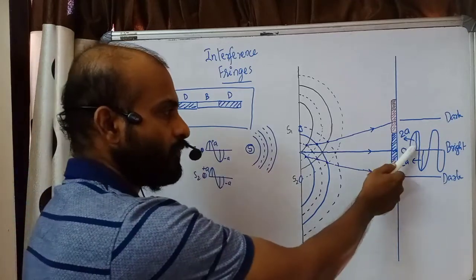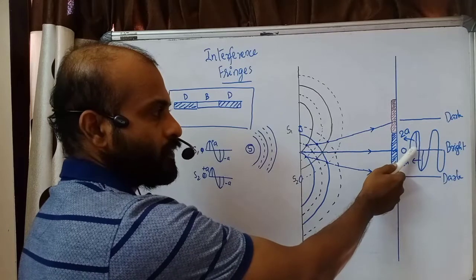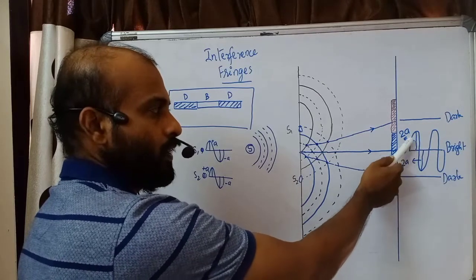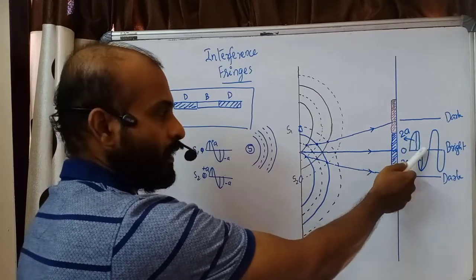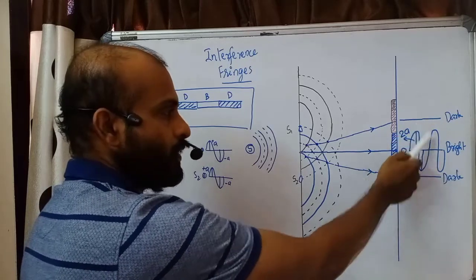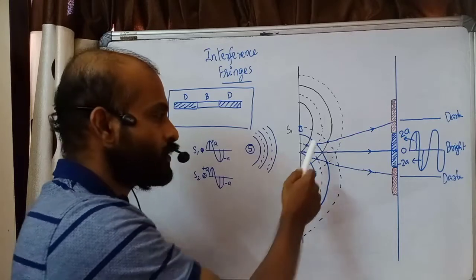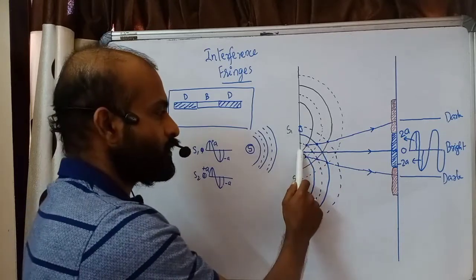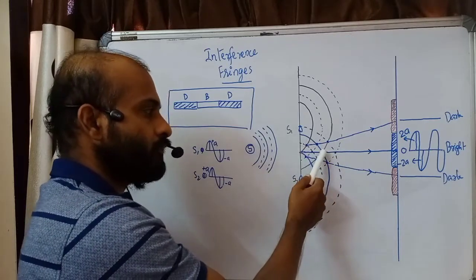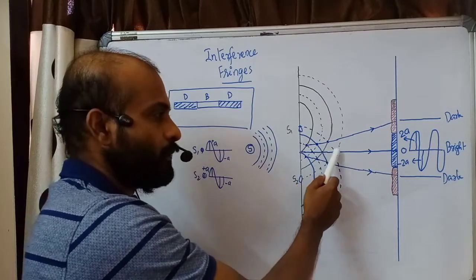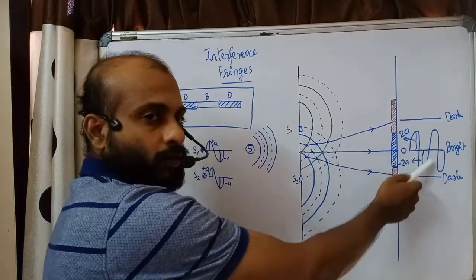At the center we have maximum intensity, and the resultant displacement will be maximum. The amplitude will be A plus A, 2A, here minus A minus A, minus 2A. At these points a crest is superimposing on a crest and a trough on a trough, so we have constructive interference.